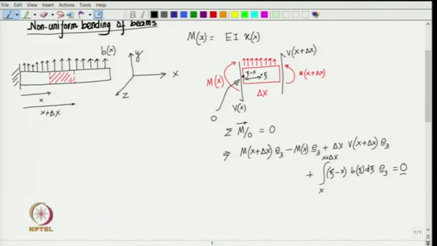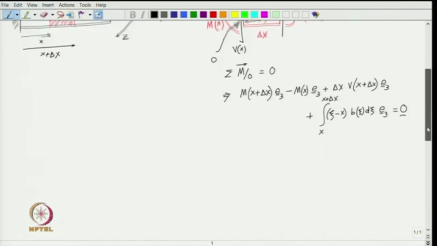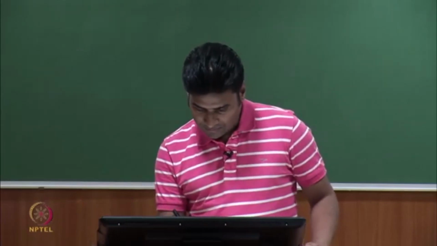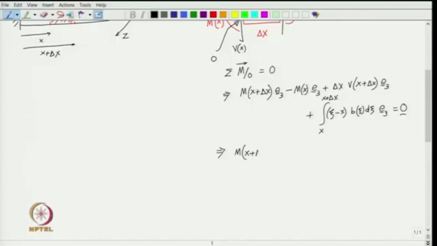Now, everything is pointing in the E3 direction, so we simply extract the E3 component of this equation. That tells us that M of x plus delta x minus M of x, plus delta x into V of x plus delta x, plus the integration from x to x plus delta x of zeta minus x times B of zeta d zeta, has to be equal to 0.